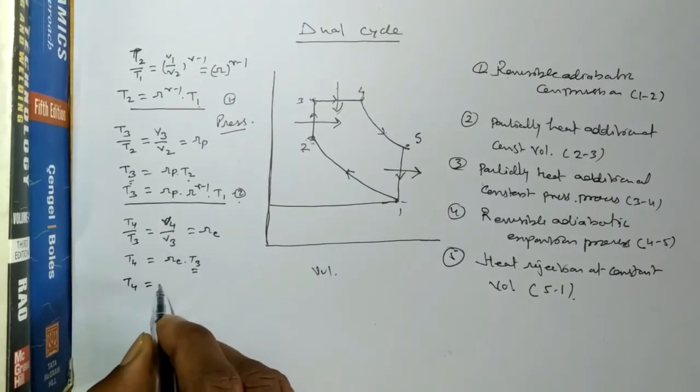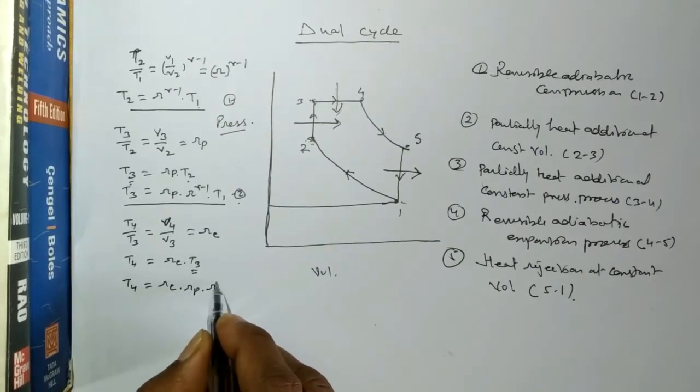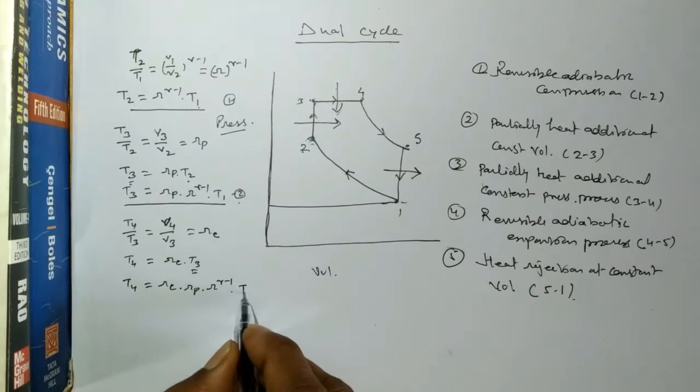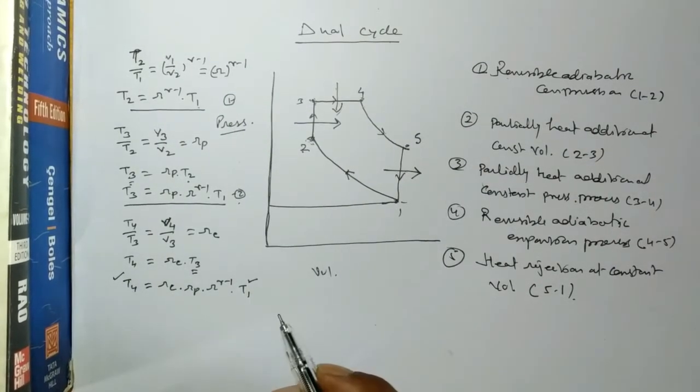Hence T4 is equal to rc times T3, or with T3 replaced by equation 2, T4 is equal to rc rp r^(gamma-1) times T1. The value of T4 is thus expressed in terms of T1.